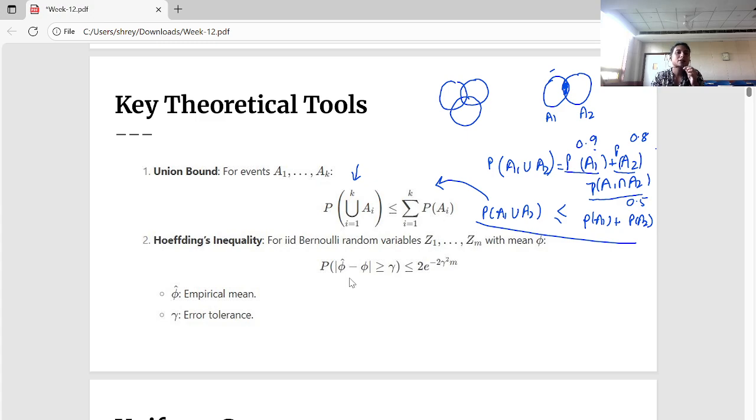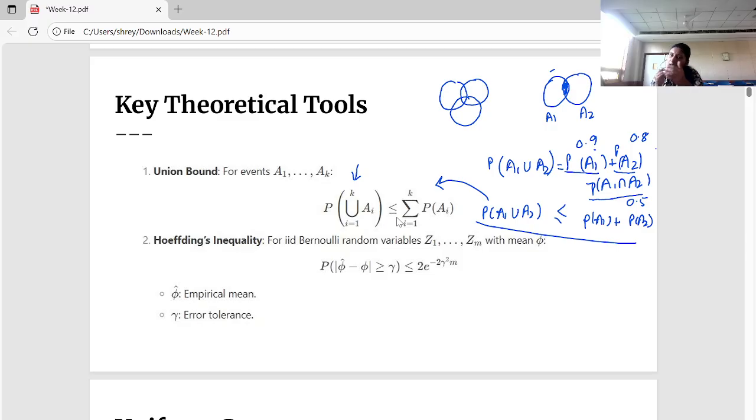That's why the union will be less than or equal to the simple summation of all the events, right? So if you have events A1, A2, A3 and want to calculate the union probability, take the summation of the individual probabilities. It will be the upper bound for that.